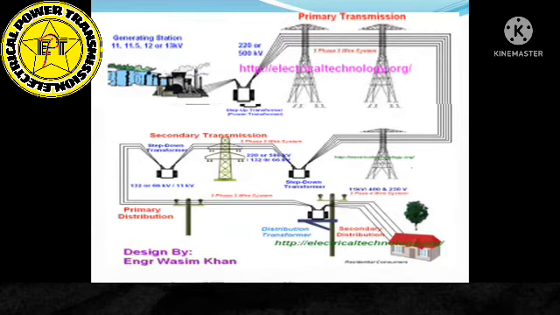This picture is actually showing you that 132 is added in secondary transmission. So this may be the requirement of some bulk customer, that it requires this 132 power supply. This is also the way we classify primary transmission and secondary transmission.